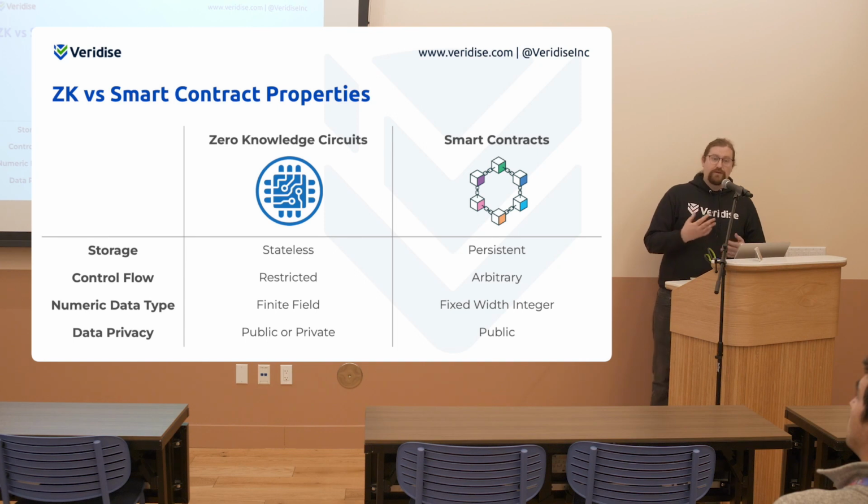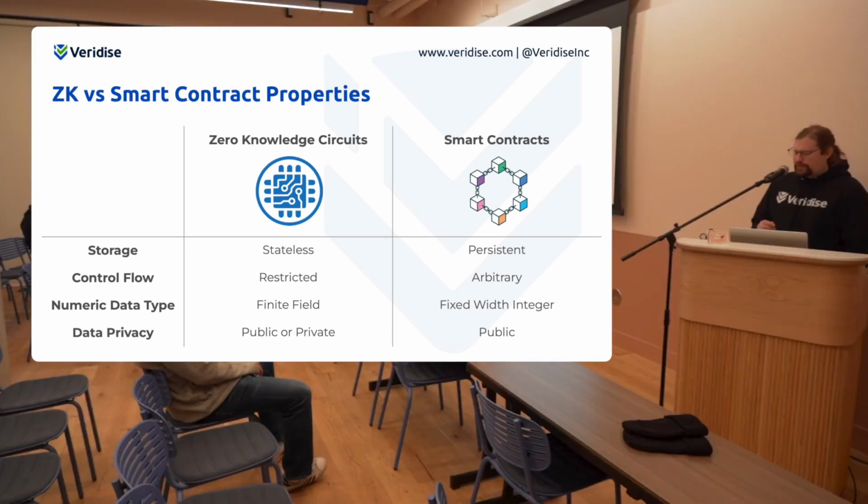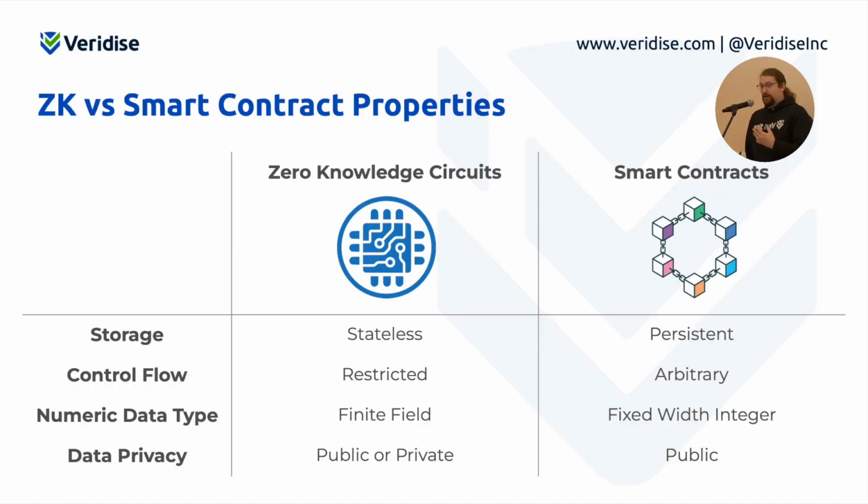So you can have private data and public data and operate on them without exposing private data to the external world, hopefully. Smart contracts, on the other hand, are persistent, meaning that they have storage that is going to persist between invocations of the contract. They traditionally allow arbitrary control flow.